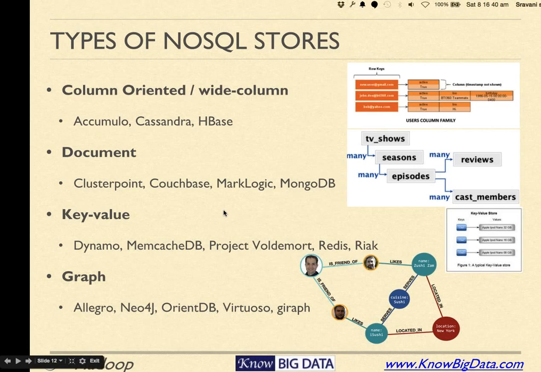All right. So NoSQLs are vaguely categorized into four sections. One is called column oriented or wide column databases. They are more similar to our existing tables.